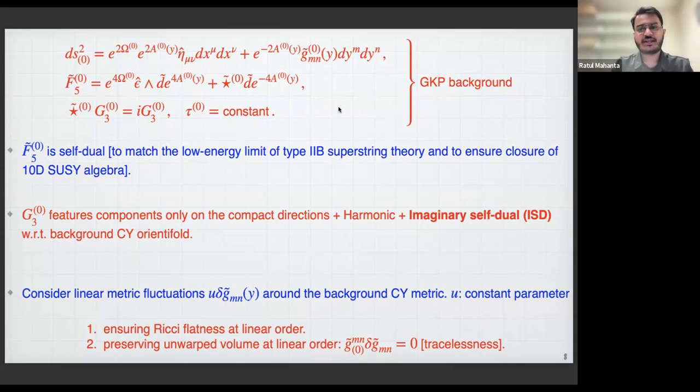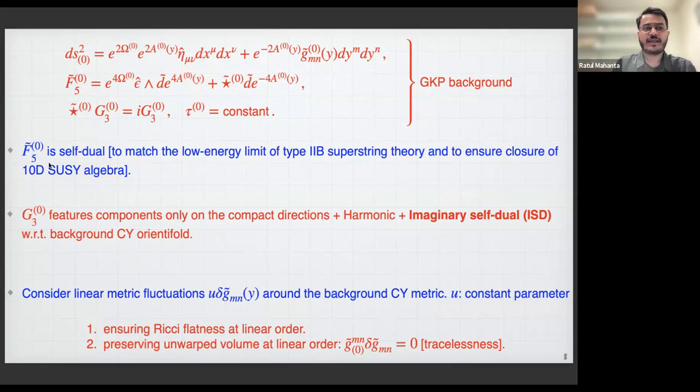I should also say that this is the orientifold limit of F-theory, where tau is constant, but there are more general GKP backgrounds with varying tau, especially on the internal manifold, and also non-Calabi-Yau extra dimensions, but we will restrict ourselves to the kind of backgrounds written here.